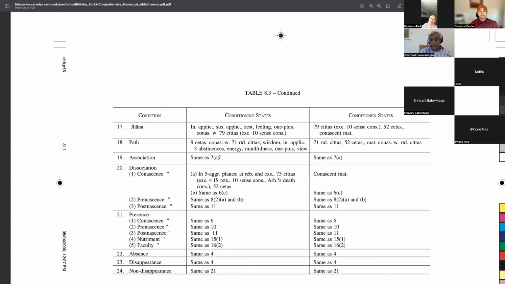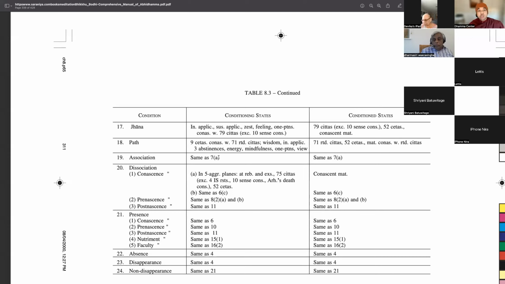Is that clear? With that Patthana, the Pali is from the original Patthana text. What it says is that in this world, dhammas arise in this manner with the help of conditions.